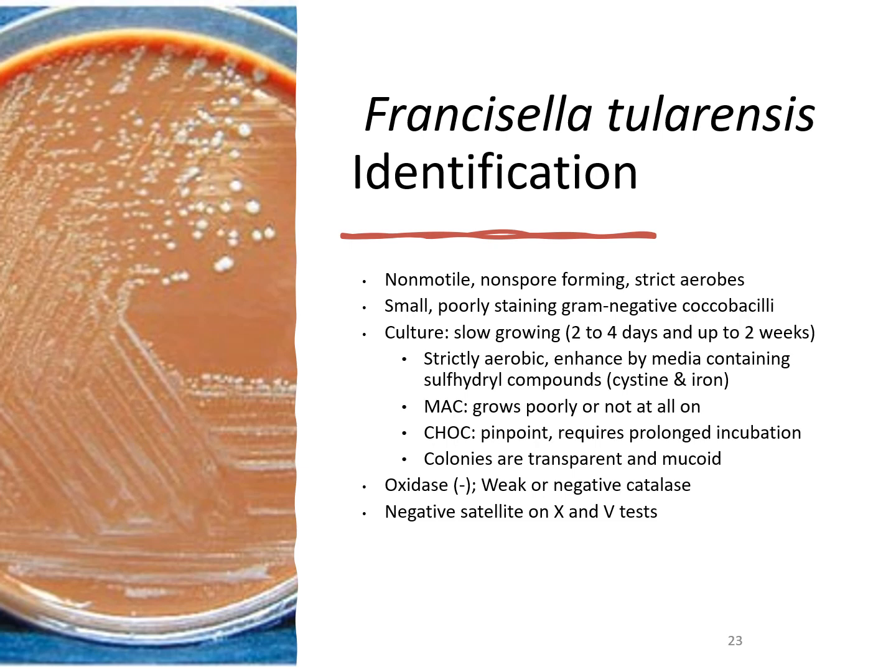This organism is oxidase negative, and then it can be a weak or negative catalase test, just depending on the particular strain of that genus and species. And these organisms also have a negative satellite X and V test. So if you were to culture it doing a satellite test, that's where you run that strip of Staph aureus on the blood agar plate so that you would get both X and V, then this organism would not grow.